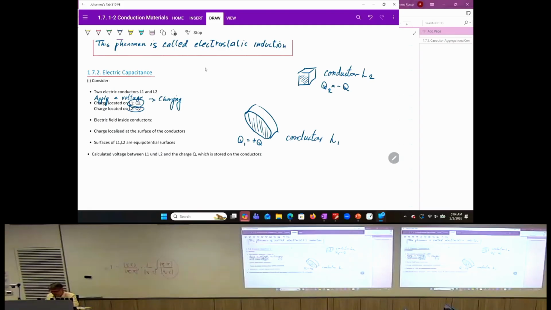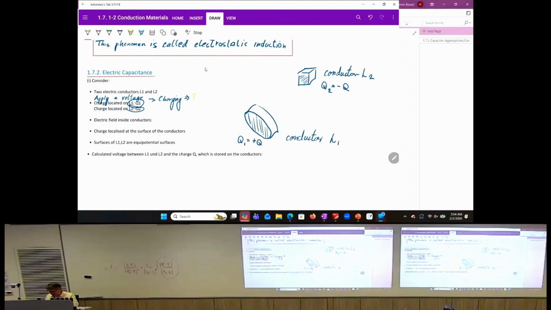So what we are interested in is not the charging process itself. We are interested in the final state, because in the end, you get into some equilibrium situation where there are no further changes happening. While you're charging, of course, there's current flowing, charges flowing, but we are interested in what happens once the charging is completed, because you connect them to a given voltage, and after a while you will enter into a final equilibrium state.